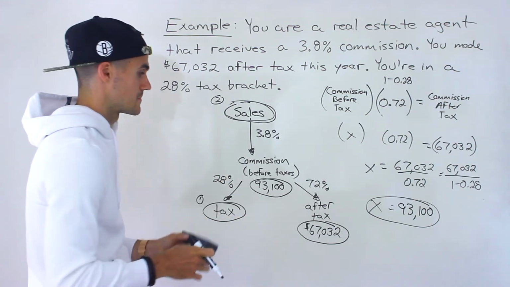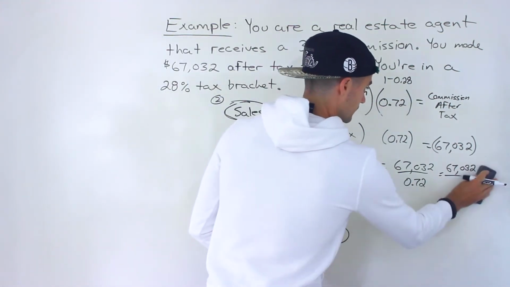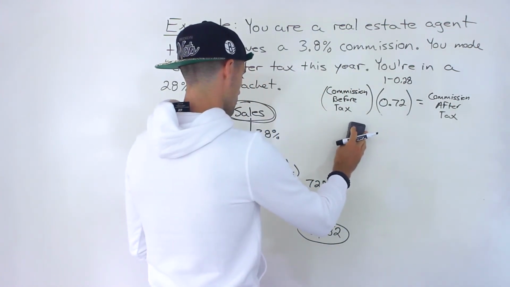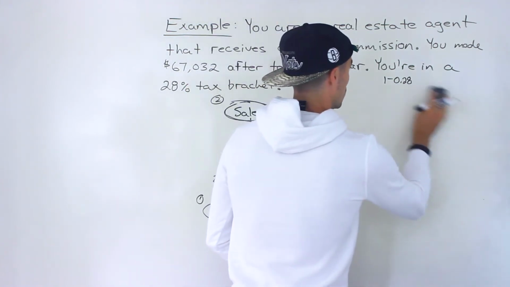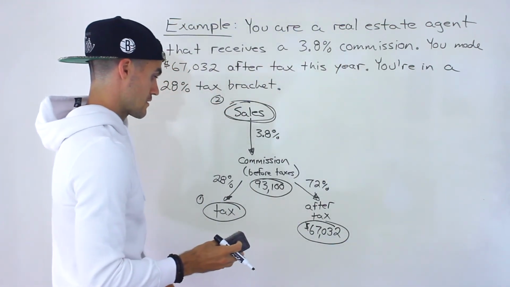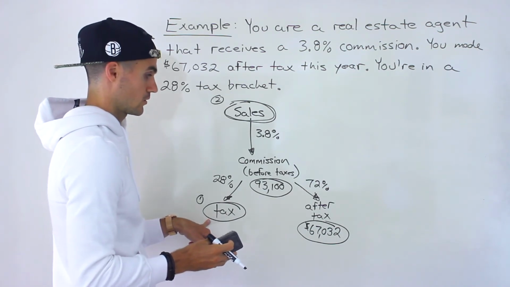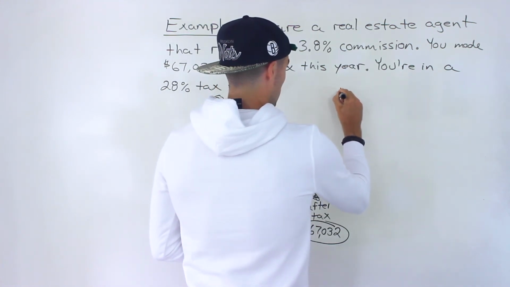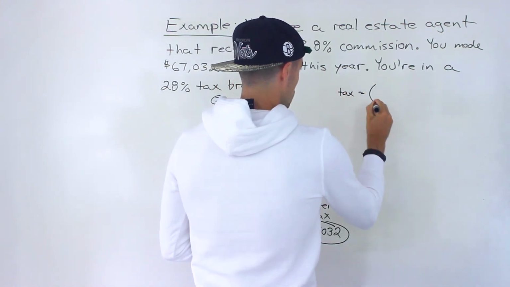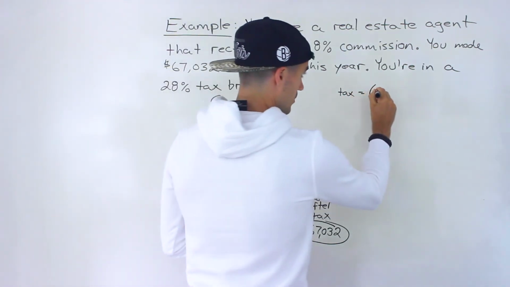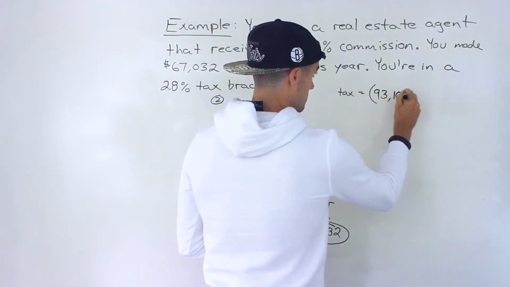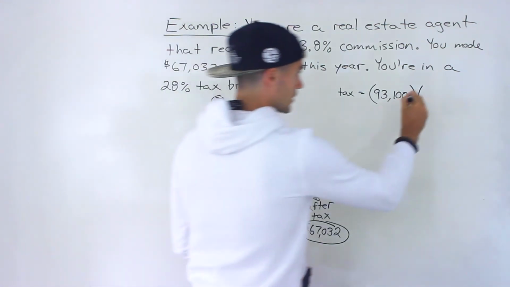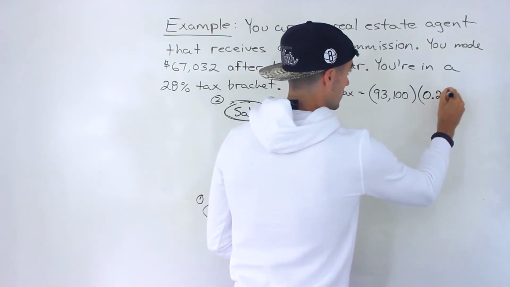Now that we have that, what we can do is figure out the taxes that we are going to pay. The taxes is going to be the before-tax commissions times the tax rate that you're paying, 28%, so 0.28.